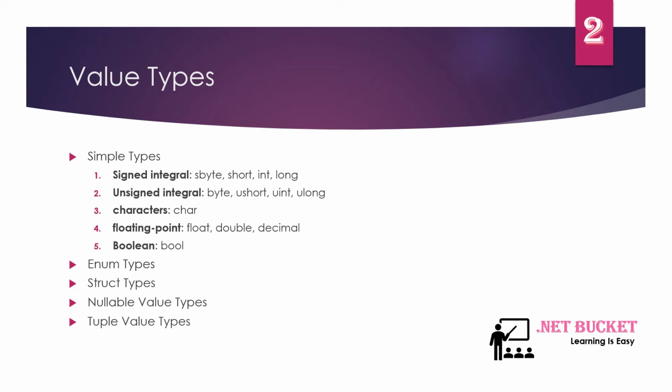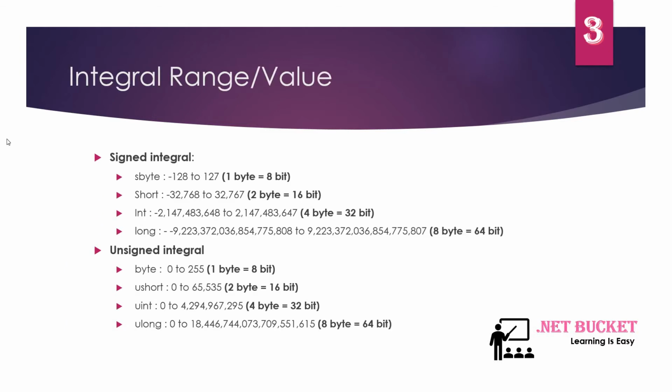Whenever you declare any variable of type sbyte, C# will allocate 1 byte of memory to this variable. 1 byte means 8 bit. Within one byte the range of numbers that we can store into an sbyte type variable is -128 to +127.